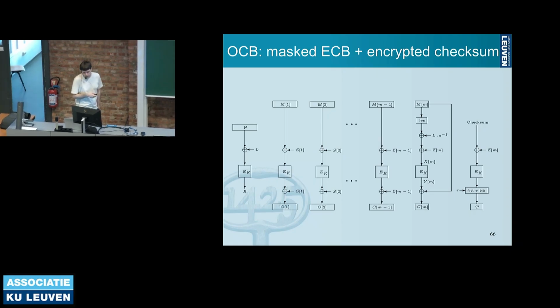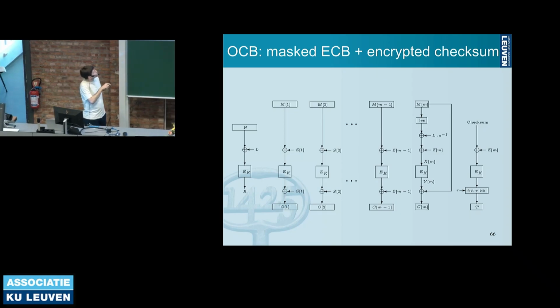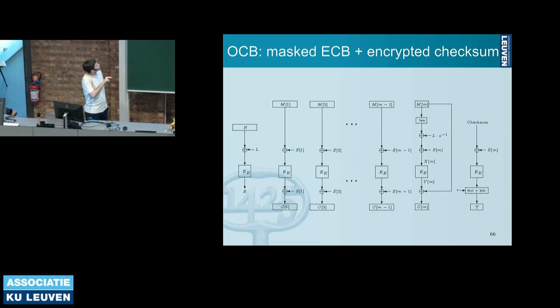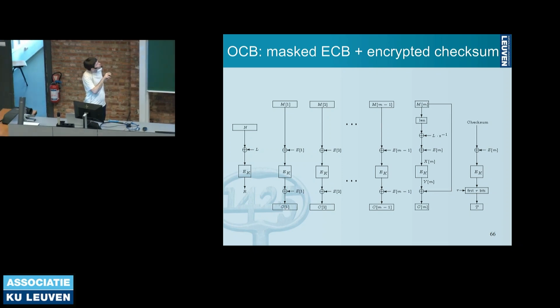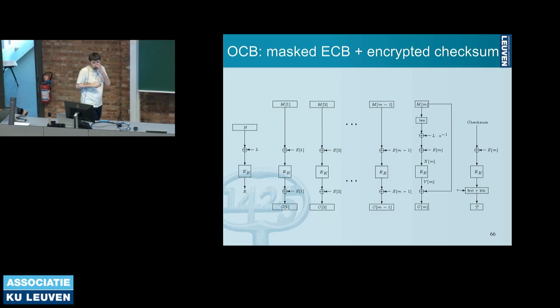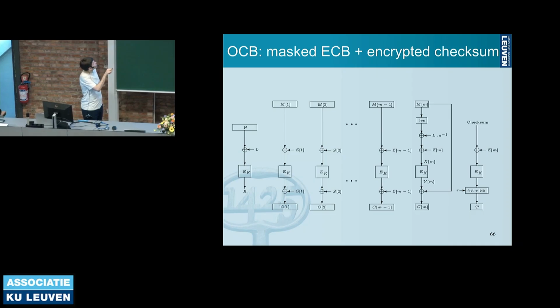OCB is a bit like ECB, but it's actually secure. The reason is that you do put the message into the block cipher, but you first XOR something here, which depends on the key and on the nonce. Basically, you turn these block ciphers into slightly different block ciphers, if you view the combination of these XORs with the block cipher.